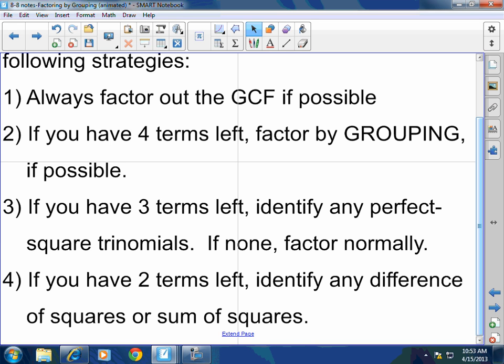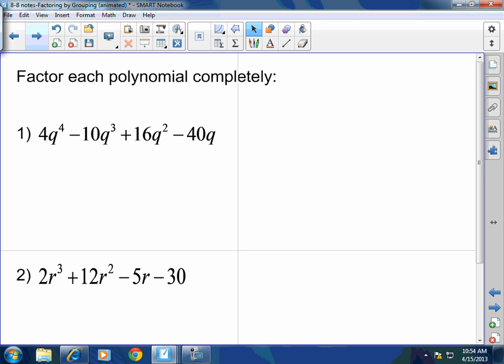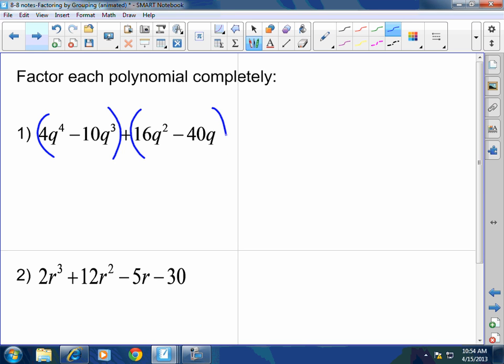All right? So let's practice. Factor each polynomial completely. Step 1. I am going to put parentheses around both of these. You with me? Okay. What can I factor out of here? 2q cubed.